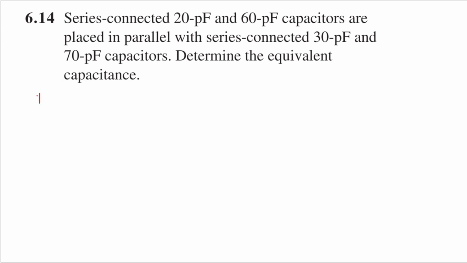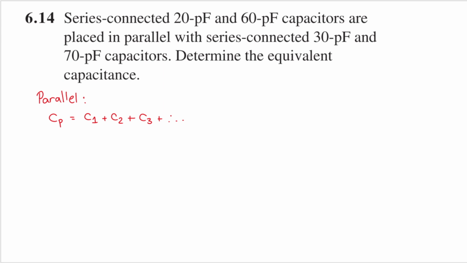If we have parallel capacitors, it is the opposite of resistors. So the total capacitance will be the sum of all of them: C1 plus C2 plus C3 and so on.